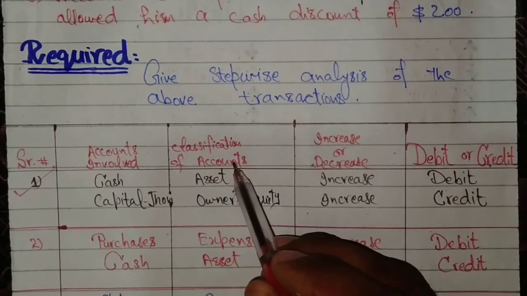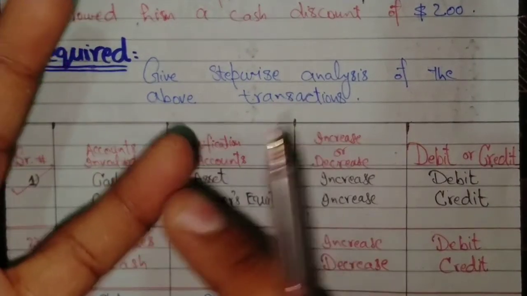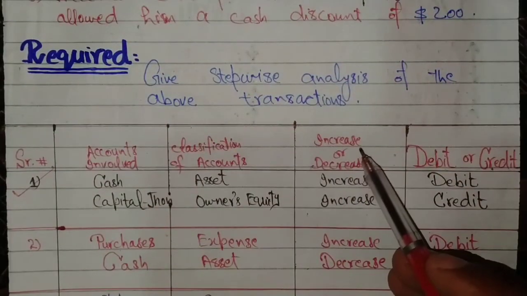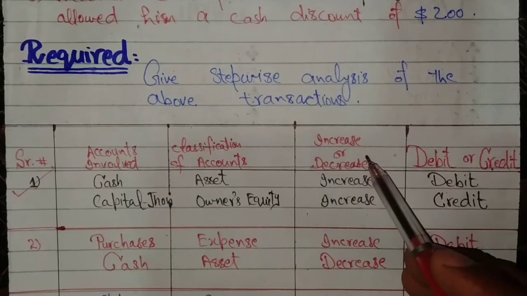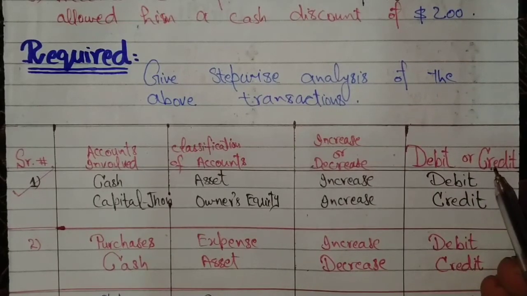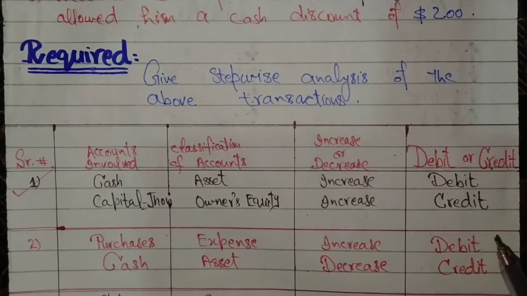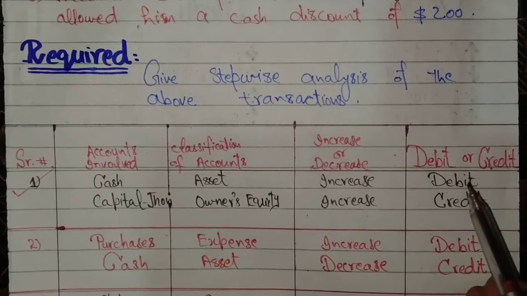Which account will fall in which category, whether it is asset, owner equity, expense, revenue, or so on. Next column is increase or decrease. Which account will increase or decrease in the context of the financial position of the business. Next column is debit or credit. Which account will be debit or credit in the context of double entry system.